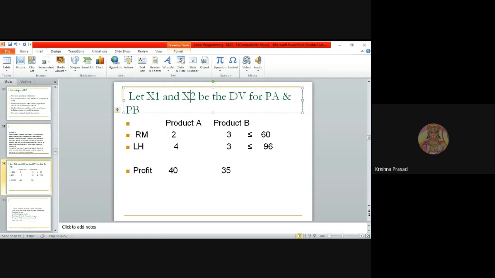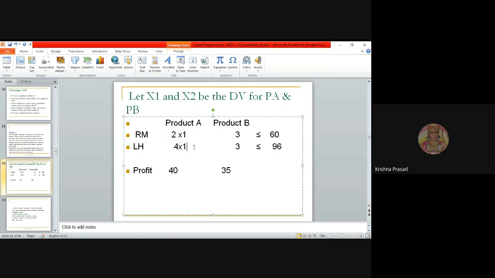Now see here, x1 is for product A. So I'm going to be writing x1 here, and here also x1, and x2 is there, and here also x2.